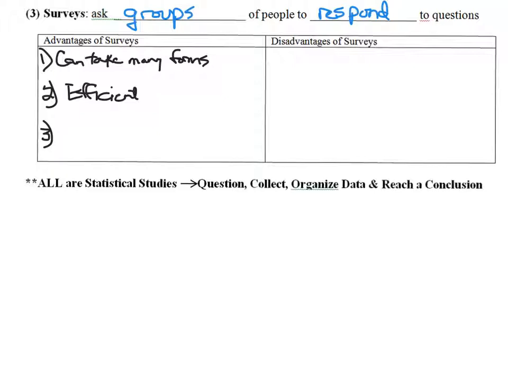The third advantage is that surveys are applicable to a wide range of topics. We can ask questions about political views, we can ask questions about your favorite soda, or what your sports team might want to do. There's a lot of different topics that can be applied to a survey.